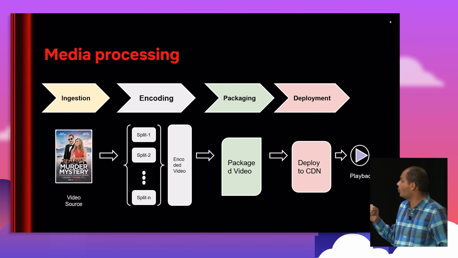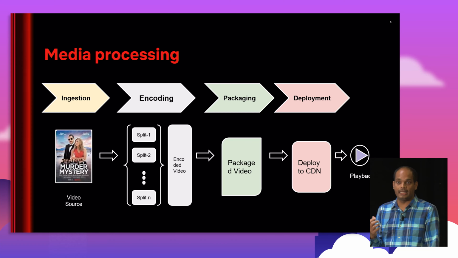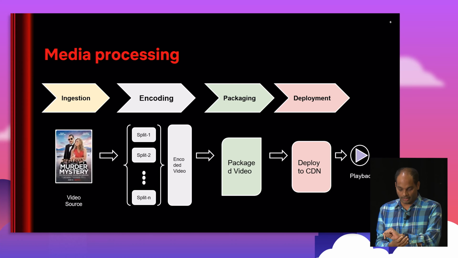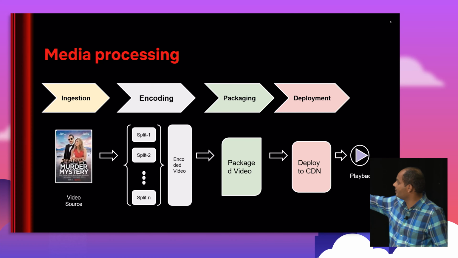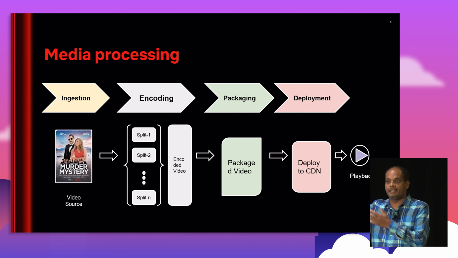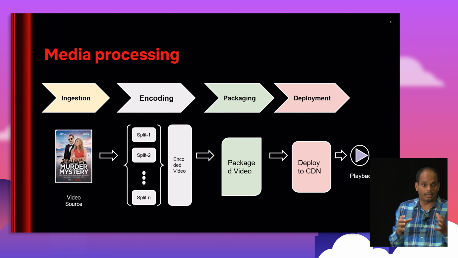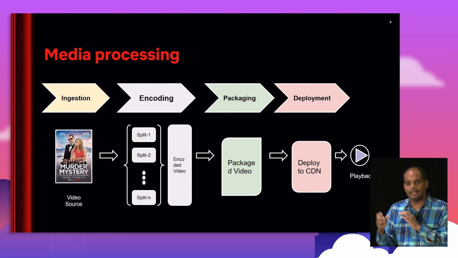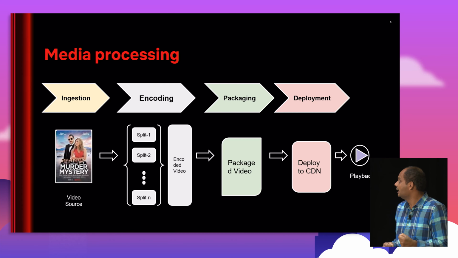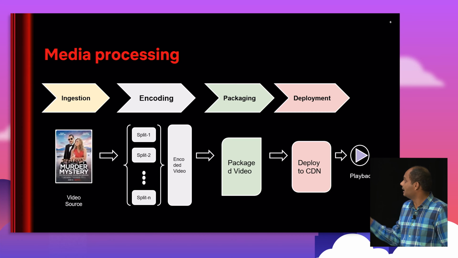This is one of the use cases that we support among many others. So here we have a title, Murder Mystery in this case, that is getting ingested from the studios into our systems, where we first do some inspection and checks at that ingestion phase, which itself is a workflow. There are a lot of workflows that happen there, and a lot of optionality based on the source type that we factor in. Then there is encoding.